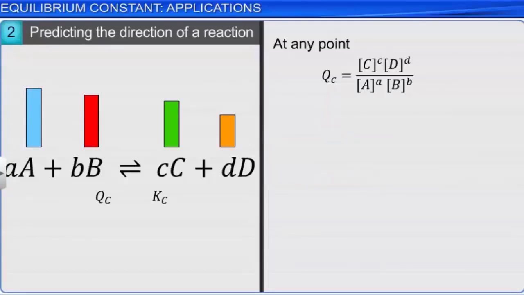For a general reaction of the type a moles of reactant A and b moles of reactant B, reacting to give c moles of product C and d moles of product D, the reaction quotient Qc is expressed as the product of the concentration of C raised to the power of c and the concentration of D raised to the power of d, divided by the product of the concentrations of A raised to the power of a and the concentration of B raised to the power of b.